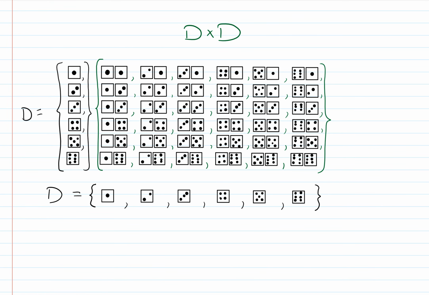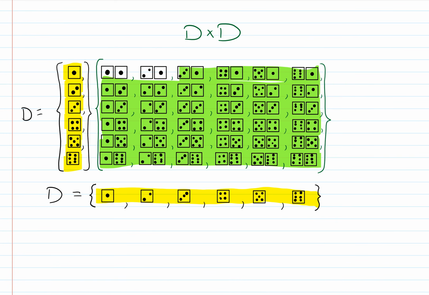So if you take the set of these 6 faces of a die and do the cross product with itself, then you get the set of all possibilities for rolling 2 dice. And that's the Cartesian product of D with itself.